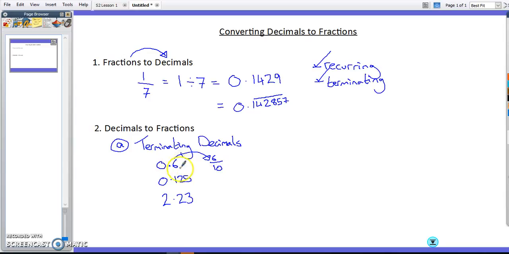And that works for any single digit decimal. 0.4 is 4 divided by 10, 0.5 is 5 divided by 10.